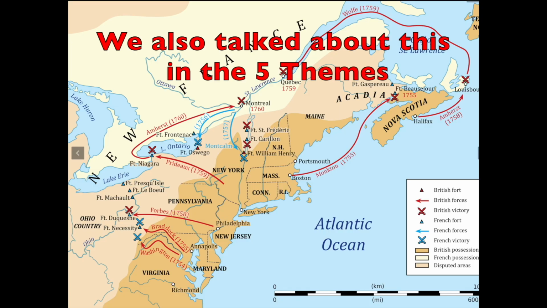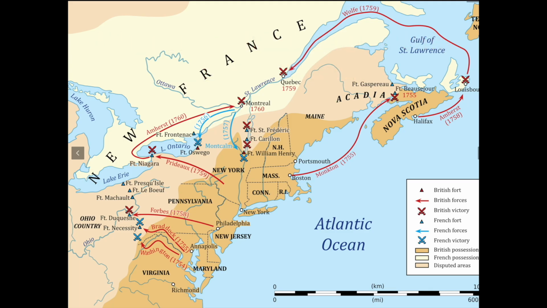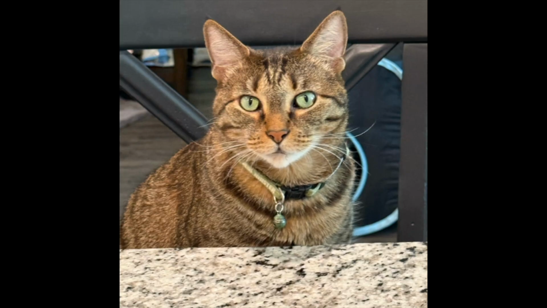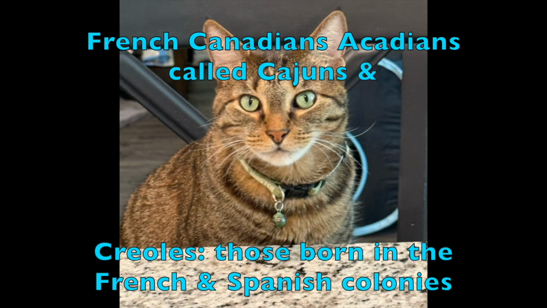You'll learn more about this war and its effects in a future lesson, but for now it's important to note that the end of the war would see France surrender all of New France east of the Mississippi River to Britain, all but obliterating France's land holdings in North America. However, it did not end French culture in North America.